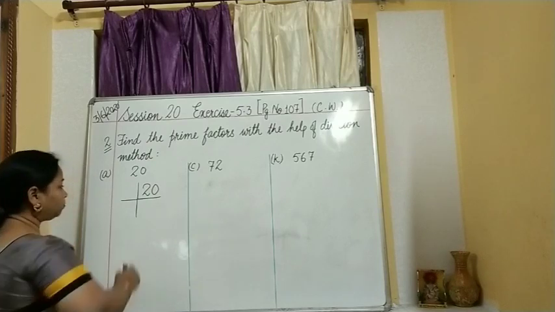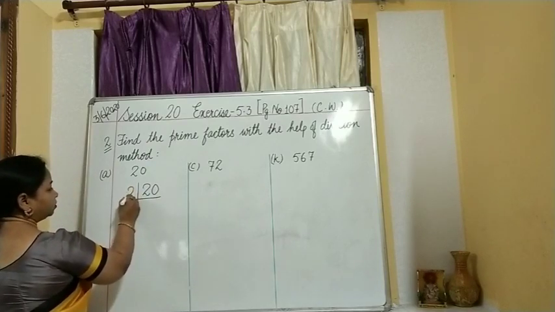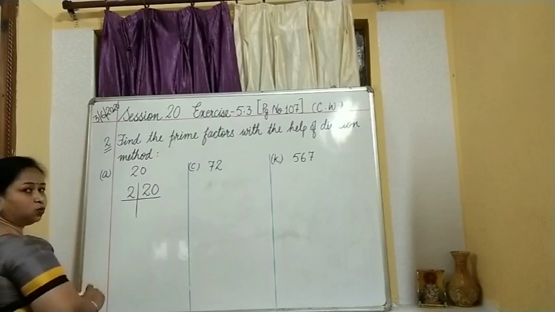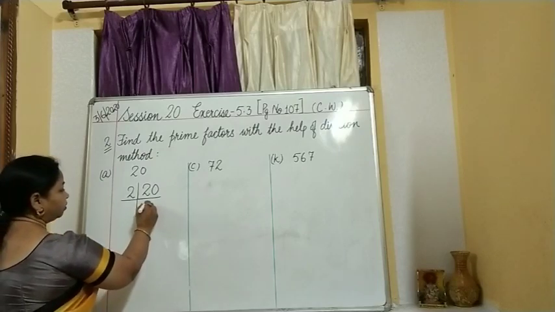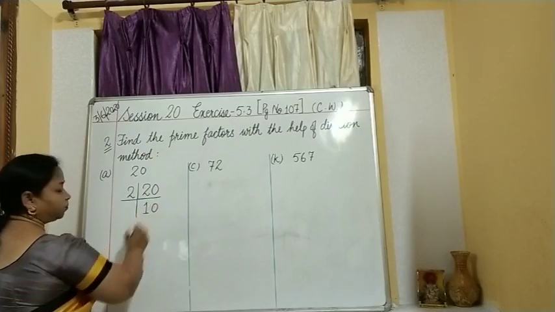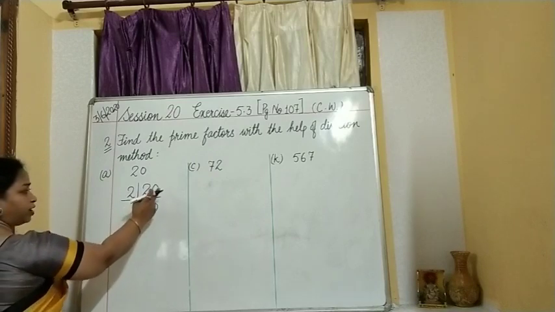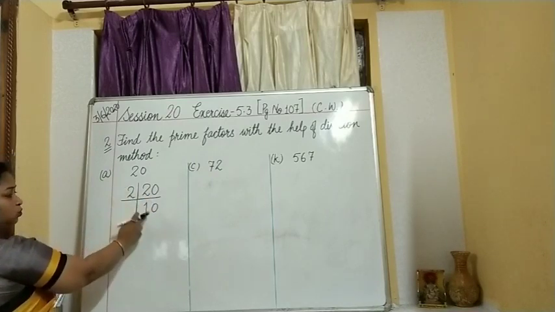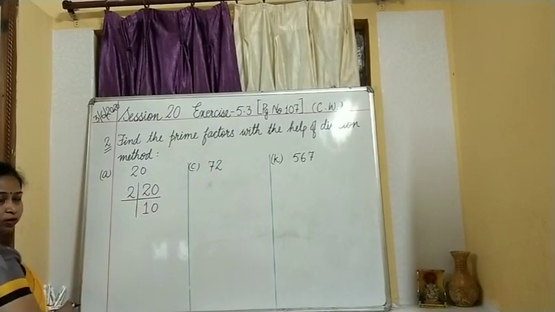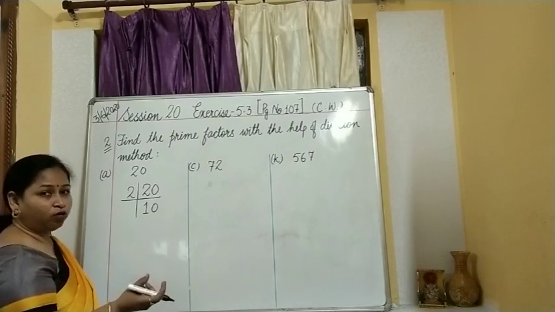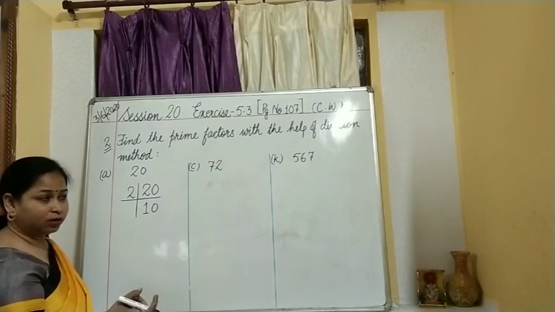It is 2. Let us divide this 20 by 2. What will you get, children? You will get 10. Okay, when you divide 20 by 2, you will get 10 over here. This is a new way of division, isn't it?